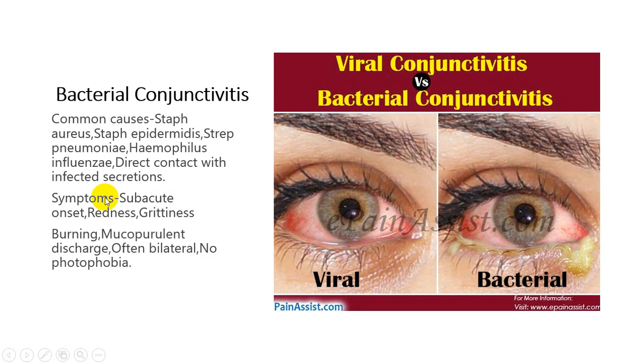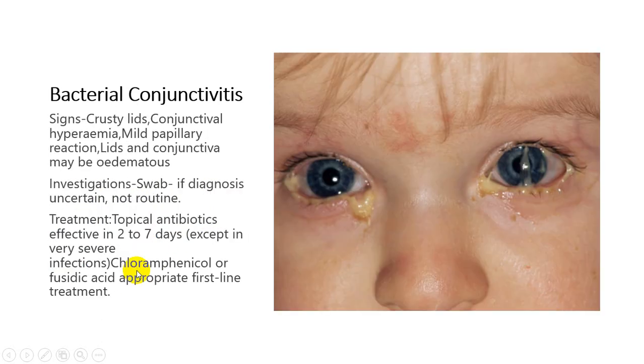Symptoms are subacute onset redness, grittiness, burning, mucopurulent discharge, often bilateral, no photophobia. And signs are crusty lids like this, hyperemia, mild papillary reaction, and the lids and conjunctiva may be edematous.